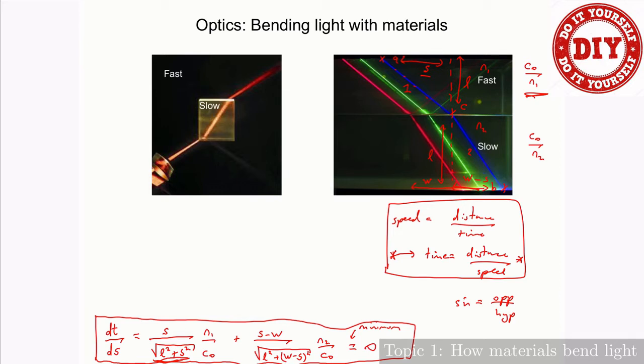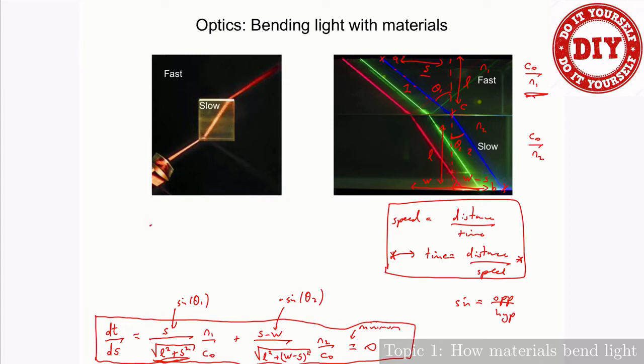So this ratio is the opposite over the hypotenuse, so it's telling us the sine of this angle here. So this thing here is actually sine theta 1. And this one here, well, it's the same thing. It's theta 2, but you see it's s minus w rather than w minus s, which would be this length here. So that is actually minus the sine of theta 2.